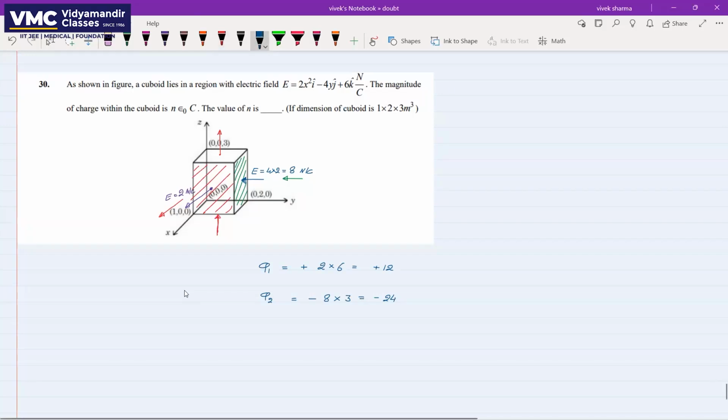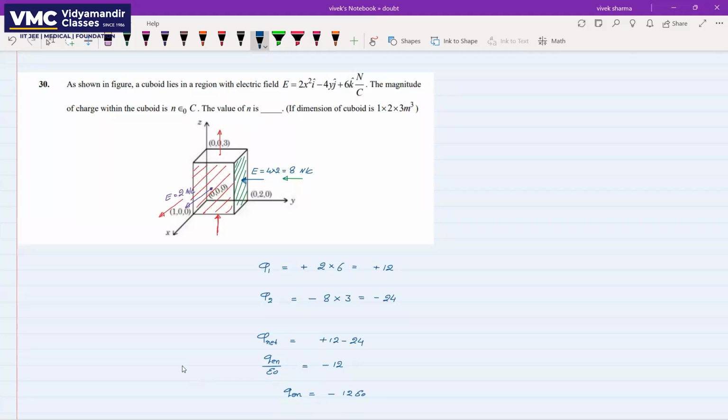So the net flux through the whole cube, phi net, is equal to plus 12 minus 24, and from Gauss law, the net flux associated with the cube is equal to Q enclosed divided by epsilon naught, which is equal to minus 12, and Q enclosed is minus 12 times epsilon naught in SI units.